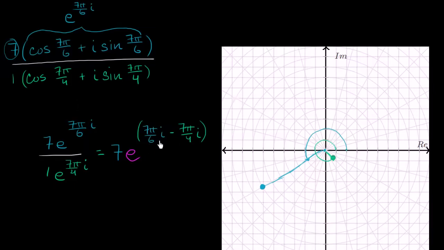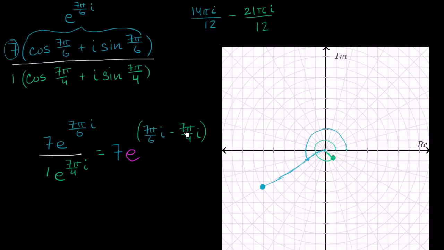So if I were to rewrite this with a denominator of 12, then I'll have a common denominator. It's my least common multiple of 6 and 4. So this one I can rewrite as 14 pi i over 12, and then minus, so I multiply the numerator and denominator by 3, minus 21 pi i over 12 as well, right?